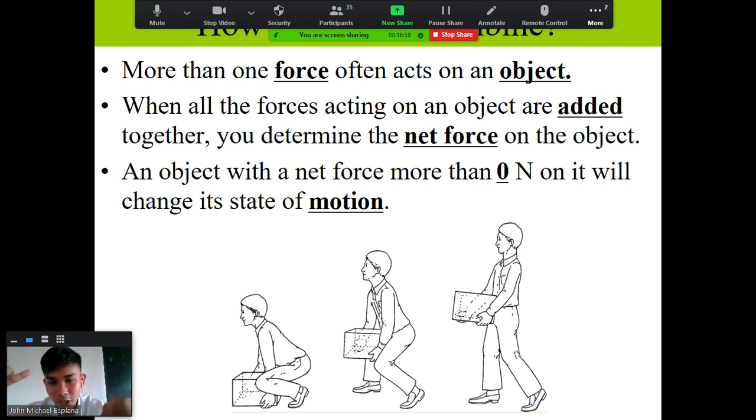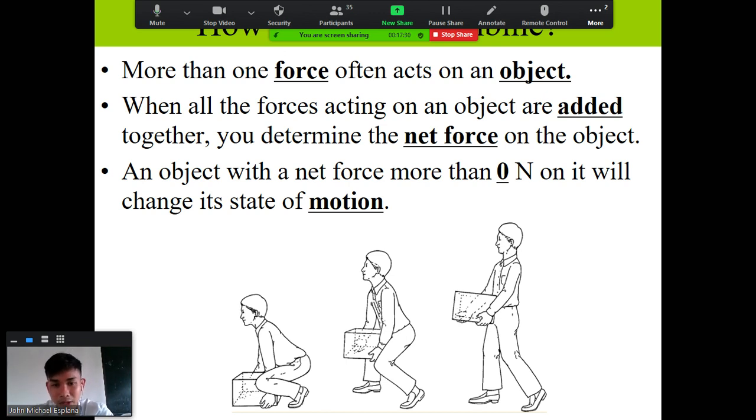Pwedeng, yung mga change in state of motion can be from rest to movement, so it moves. From movement to rest, so it stops. Or from movement to speeding up, so nag-accelerate, it speeds up. Or nagmo-move siya tas bumagal, so it slows down. Yung apat na yon, yun yung mga state of motion.